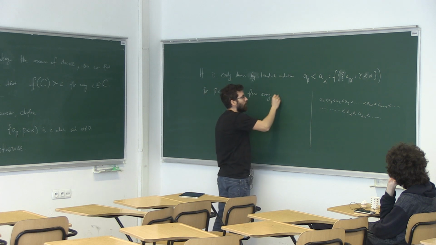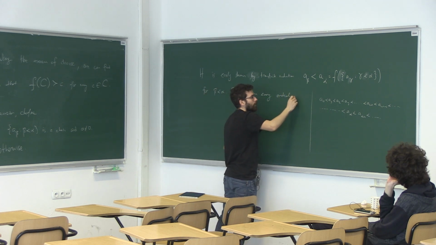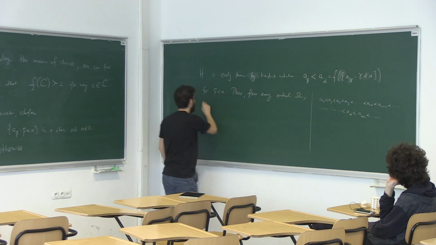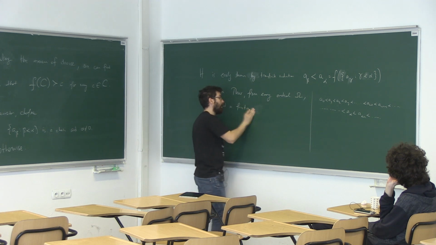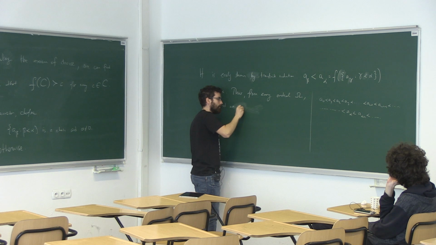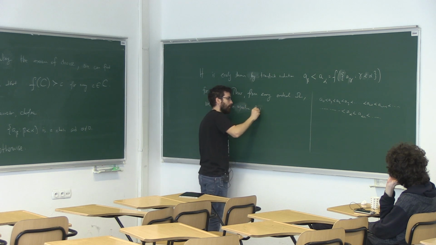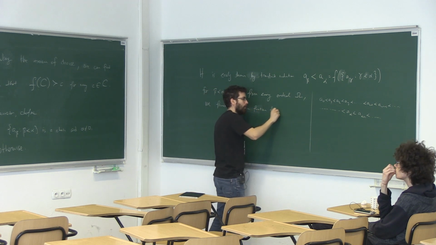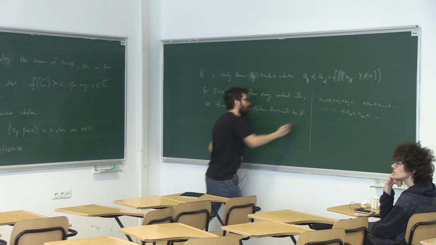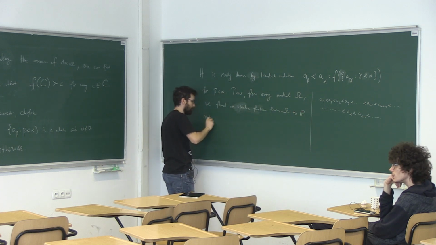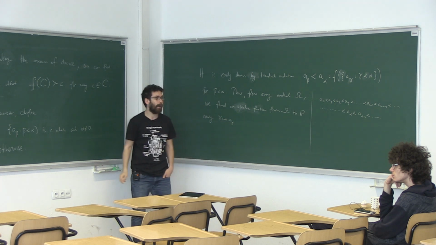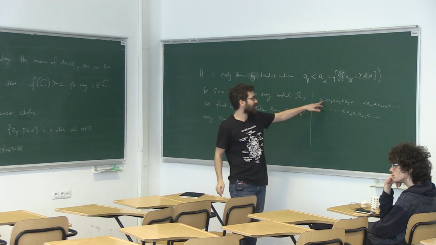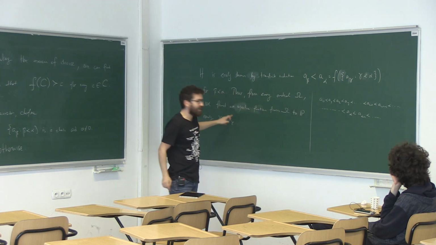Now, for every ordinal, omega, we found an injective function from omega to P, namely gamma goes to a sub gamma. Look at the function which sends gamma to a sub gamma.